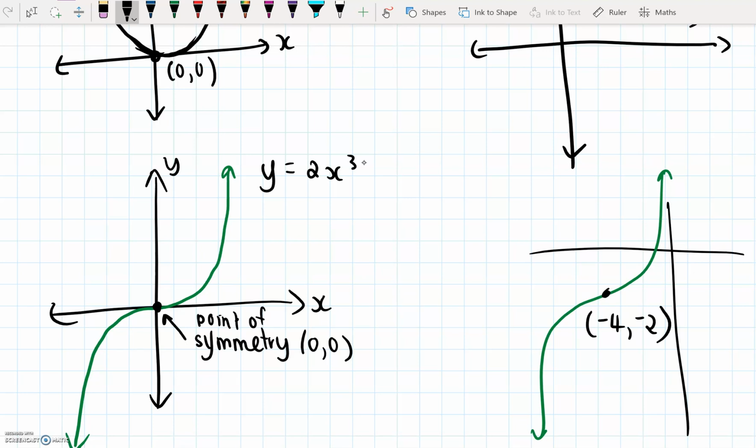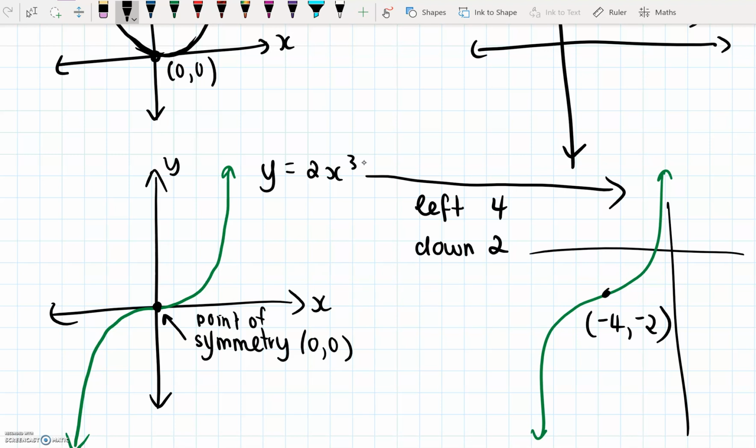How do we get from y = 2x³ to this one over here? What we need to do is the x went left, so again, we keep the 2. Sorry, we went left by 4 and we went down 2.